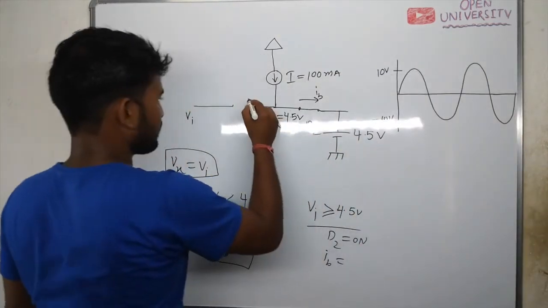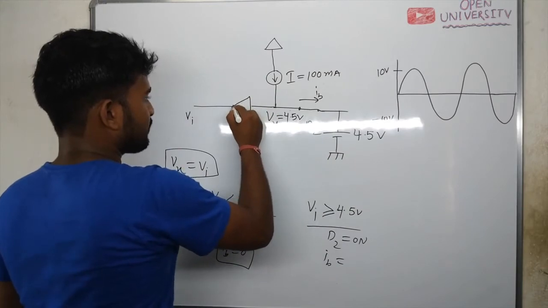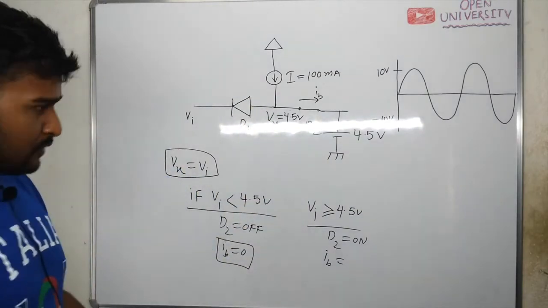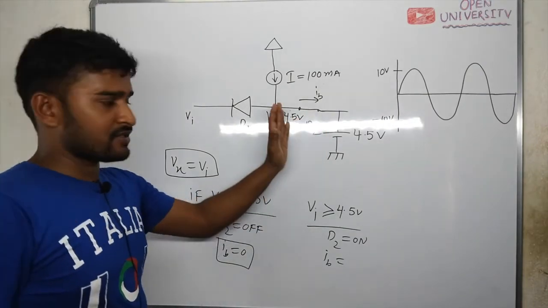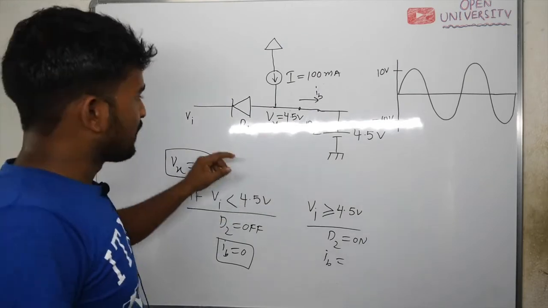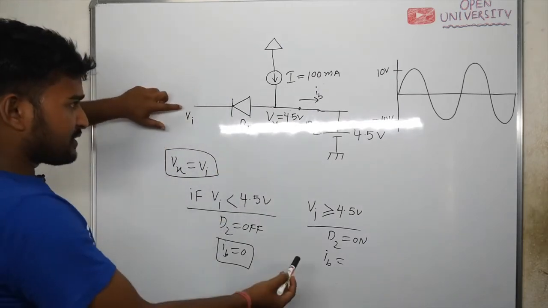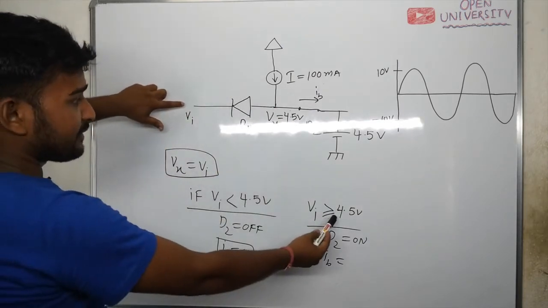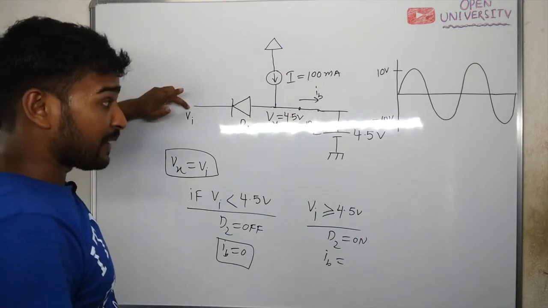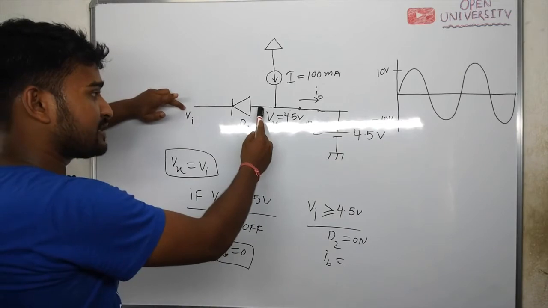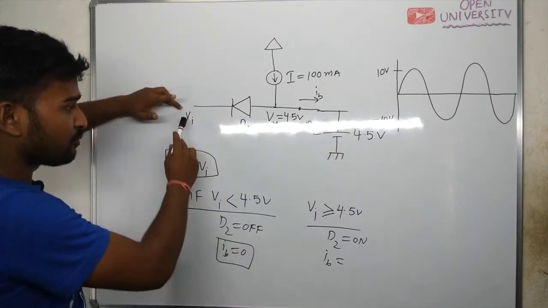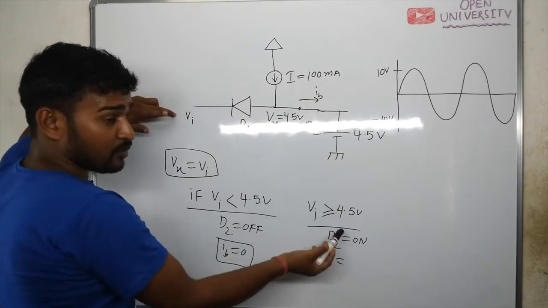And this is your D1. When D2 becomes forward biased and short circuited, this voltage is 4.5 volt. And what is your input voltage now? Input voltage is greater than 4.5 volt.